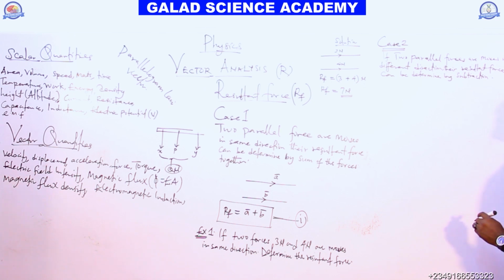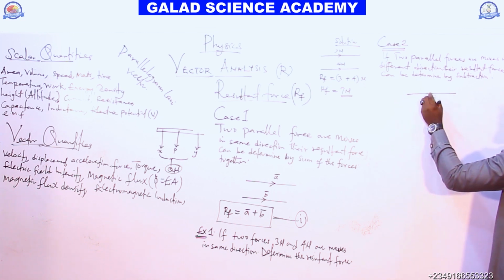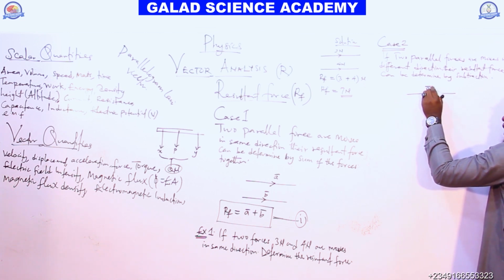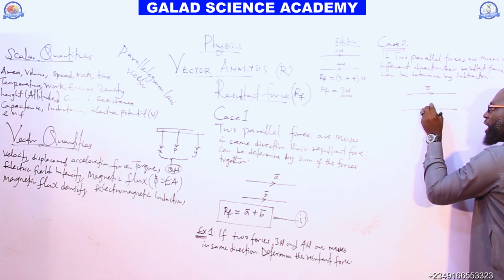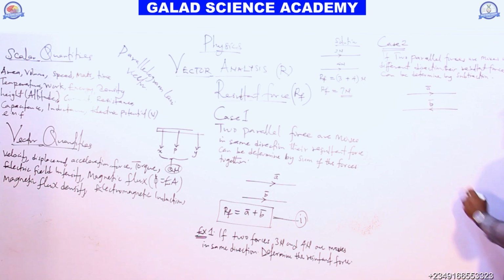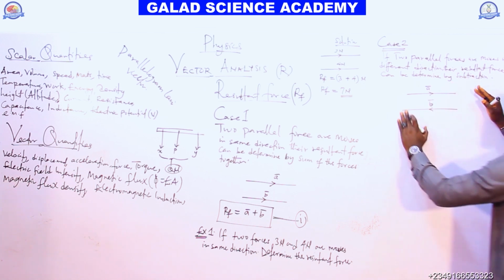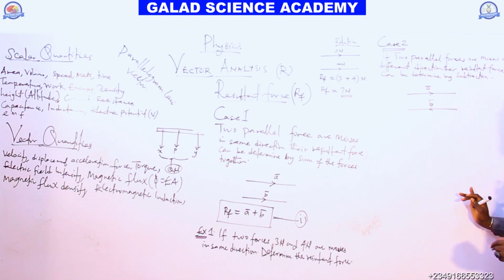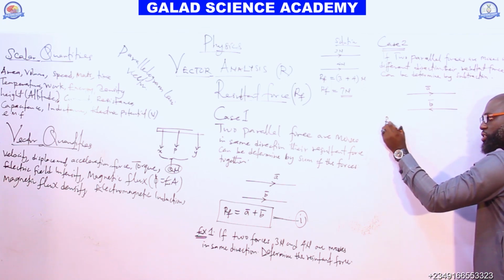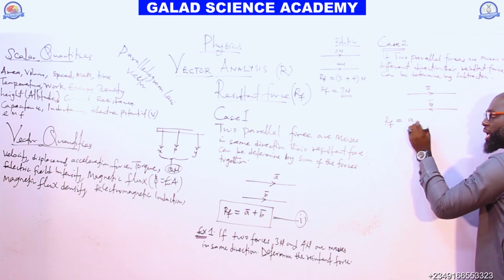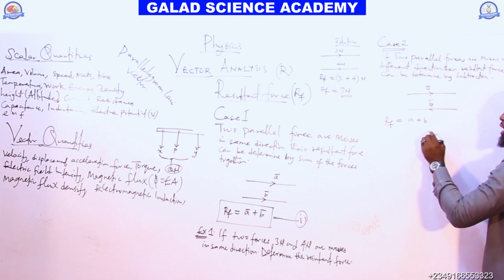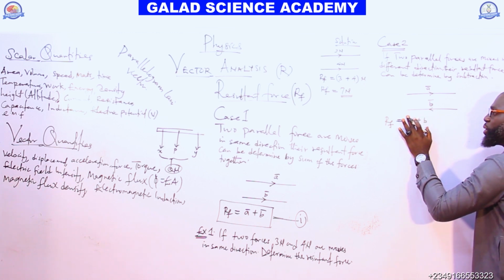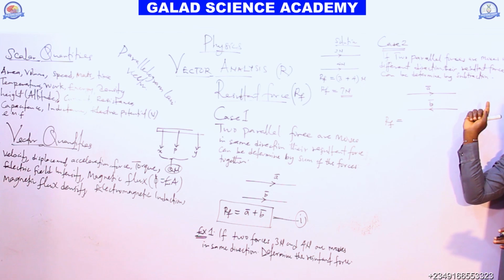Look at this one. Two parallel forces are moved in different directions. This vector A moves along this direction, and the vector B moves along this direction. A faces this side, B faces this side. We are now asked to find the resultant force. The resultant force here will be A plus B. If you add the two together, no, it's not A plus B, because they face different directions now.